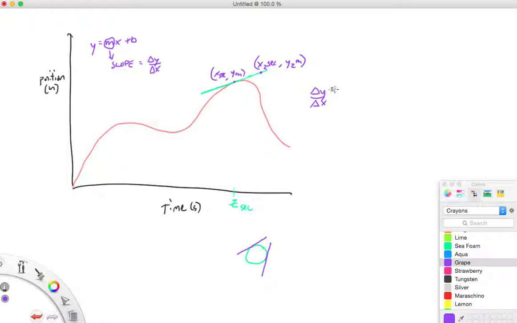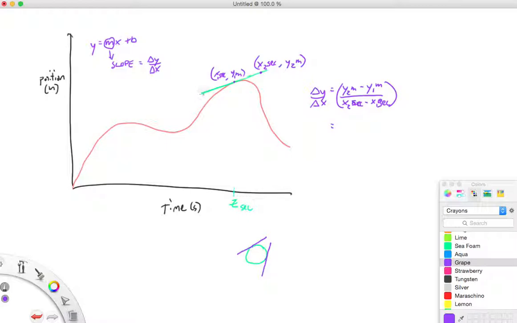The change in y is going to be y2 in terms of meters minus y1 in terms of meters, all over x2 in terms of seconds minus x1, x1 in terms of seconds. Okay, there it is. And whatever this value is, that's going to be my slope of this line.